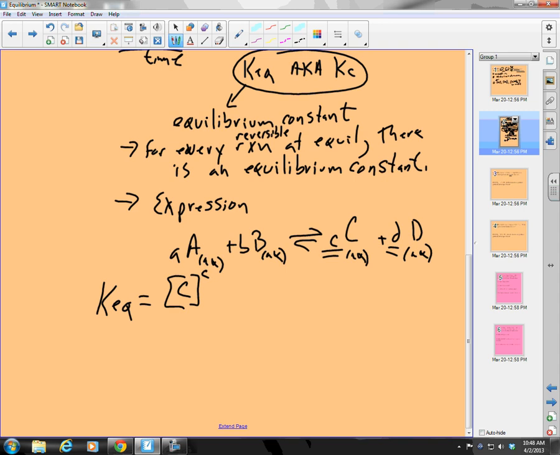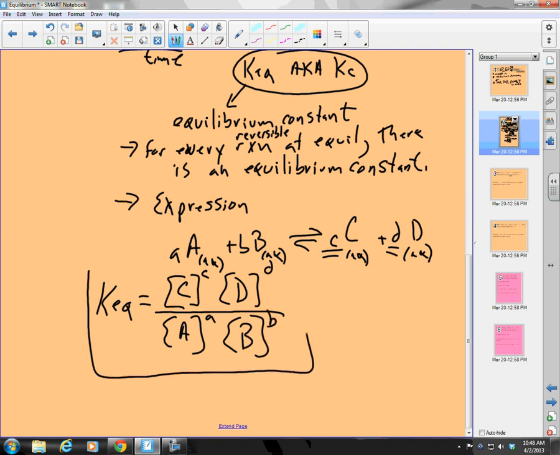So the concentration of C raised to the c times the concentration of D raised to the d, over the concentration of A to the a times the concentration of B to the b. So that is the definition, I guess I'd call it a definition, for the expression for KEQ.